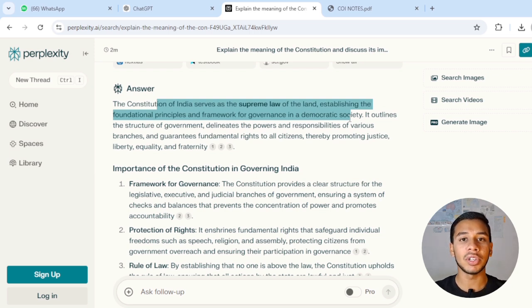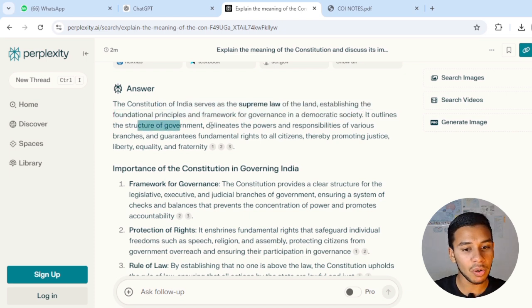Which means, if you're living in a country, there is a set of rules and regulations that everybody needs to follow, fundamental duties, many articles, different kinds of rules and regulations, all written in a Constitution, which is possessed by a supreme law. There are other laws as well. So this is basically what a Constitution means, and this happens only in a democratic society.